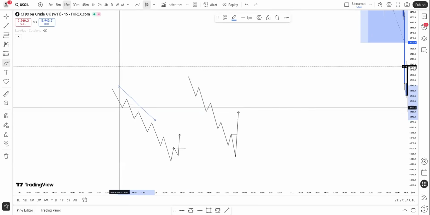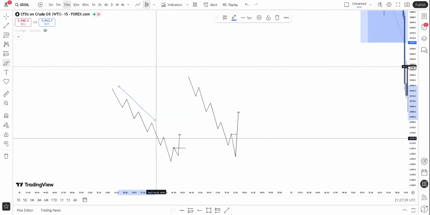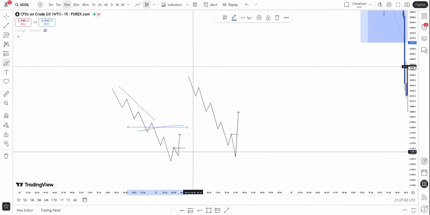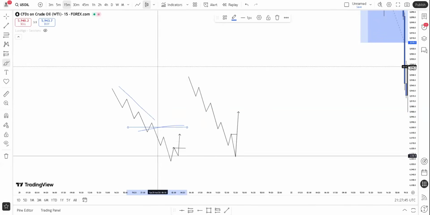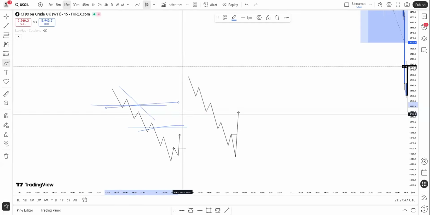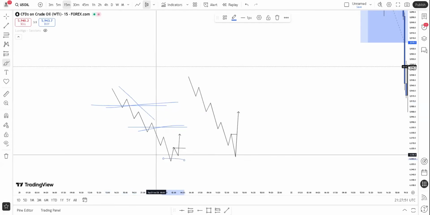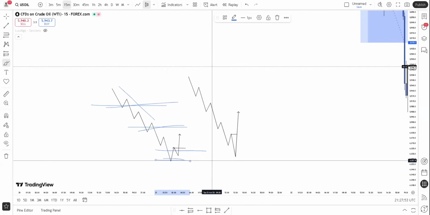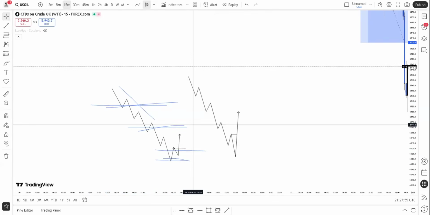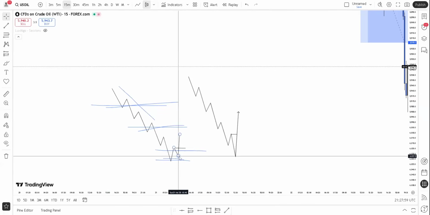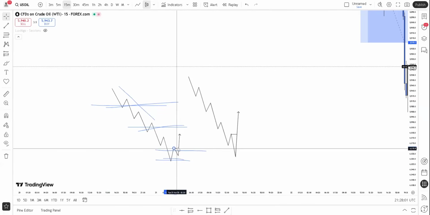Then the sellers exhausted, so the buyers stepped in. So where did the sellers get exhausted? The recent lower high. This point, right? This range. Good. Now what happened after that? They changed the direction of the market. That gave us the market structure shift.